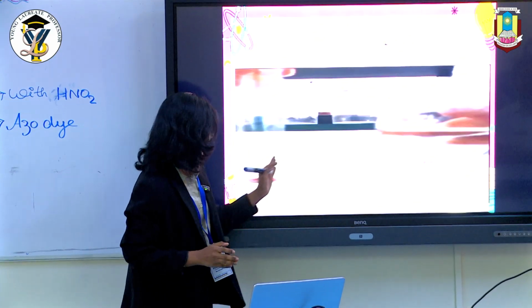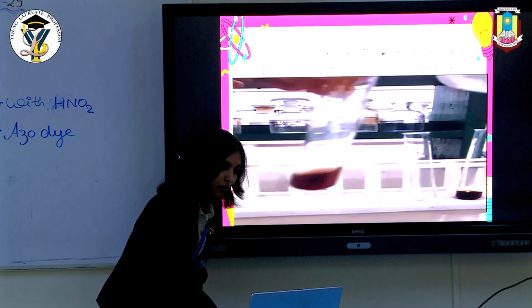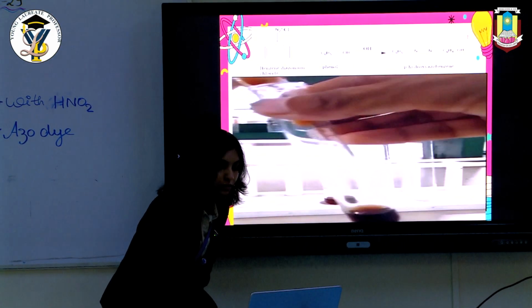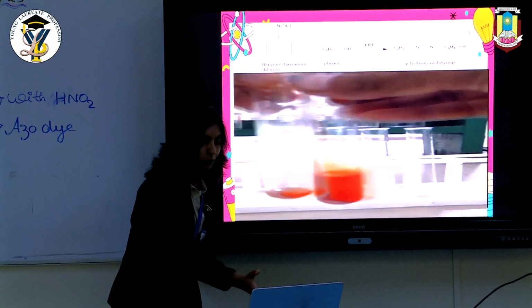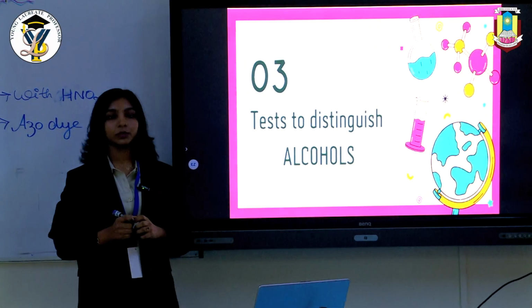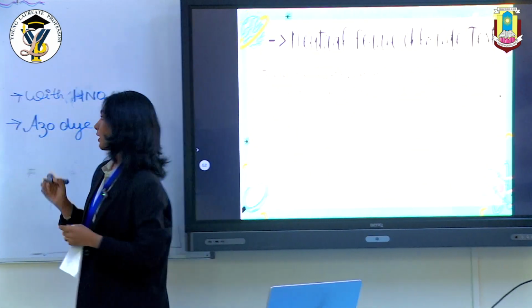This test tube contains aniline and hydrochloric acid is added to it, then cold aqueous sodium nitrite, and this mixture is added to phenol, which gives yellow dye. Next are those tests to distinguish between various alcohols, and first one is neutral ferric chloride test.